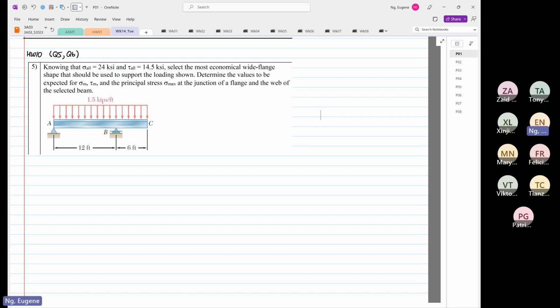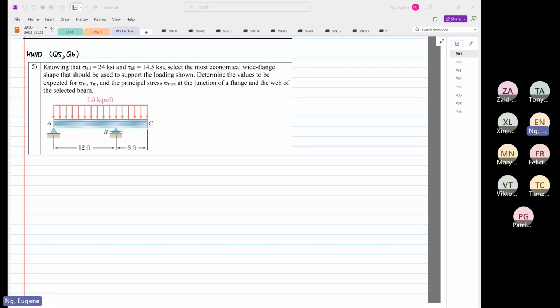Okay, so that's what they ask us. Now, where do you want me to start, with how to draw the shear force and bending moment diagram, or are you okay with that? I'm okay with that. Okay, so all of you are okay with the shear force and bending moment diagram.